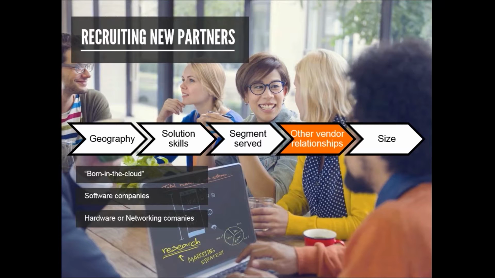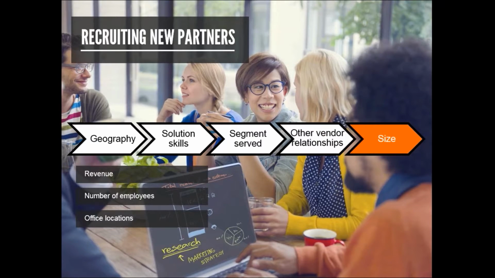And then finally, size. If you're just entering a market for a large country like perhaps India or China, where there's a huge geography and a lot of people, you may want to start with global SIs to provide overall market coverage. And then as you get down into the second-tier cities or get more granular in your coverage needs, you look for smaller partners, whether by revenue or number of employees.